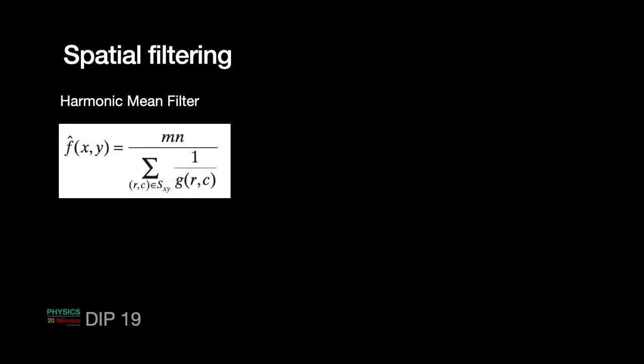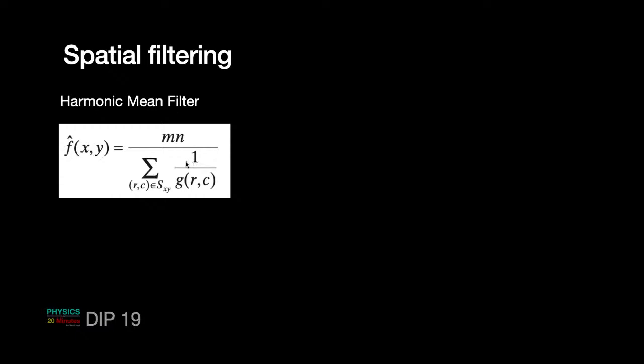Then a new type of filter which is called the harmonic filter. It takes the reciprocal of each of the pixel values in the neighborhood, 3 by 3, 5 by 5, whatever neighborhood you define. It takes the reciprocal of all the individual pixel values, then sums them all together, and then divides m into n, the total number of pixels, by that summation. So whatever value you get, that is assigned to the central pixel.